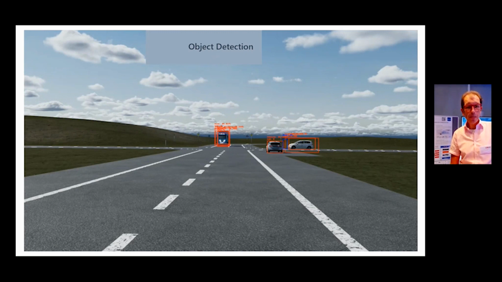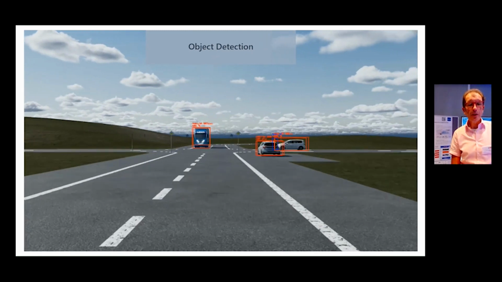We see here in the image the ground truth RGB data. And of course, what you see are the rectangles, the bounding boxes around the objects that we can detect. We can supply them from the environment.